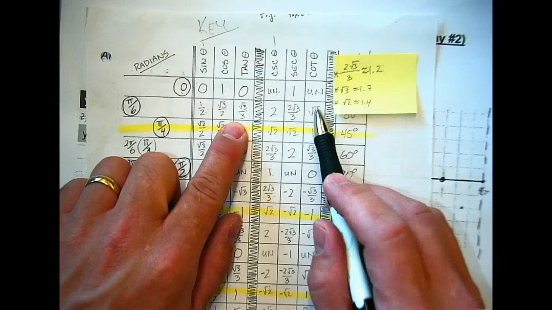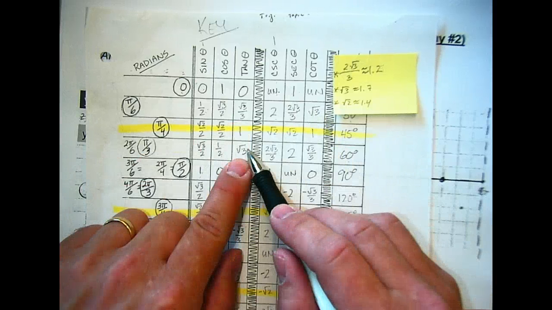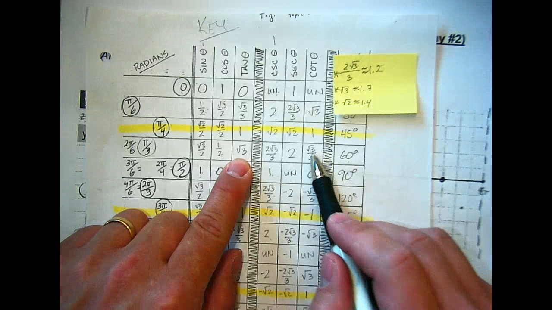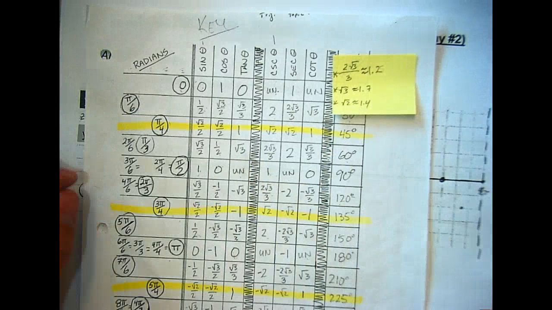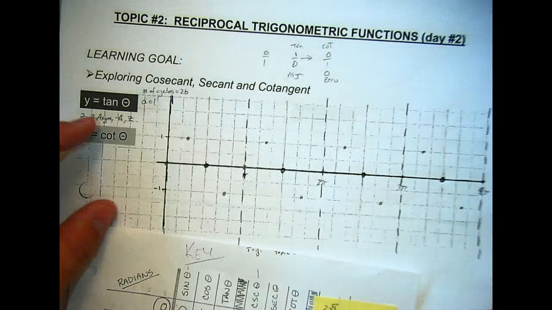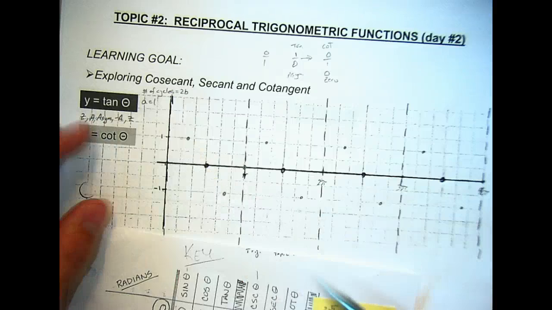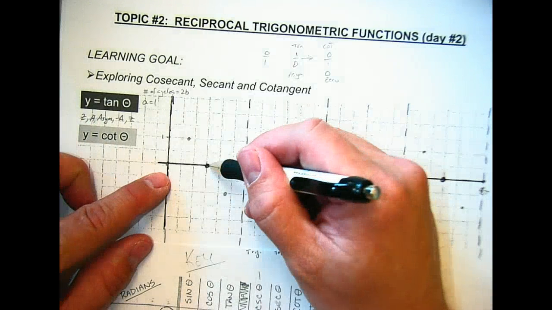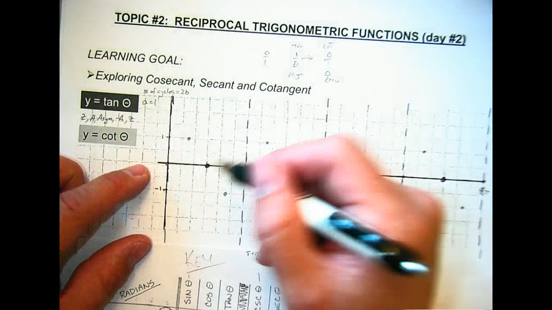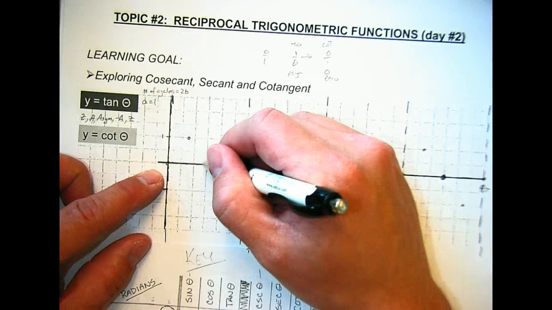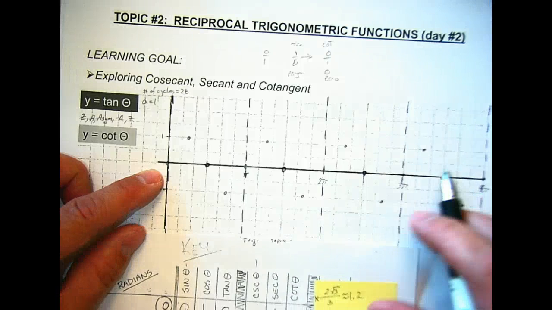Now stay with me. When I had root 3 for tangent, cotangent became root 3 over 3. So really what happened here is, in my cotangent, I'm starting from here and going this way. They're going to share that A term.